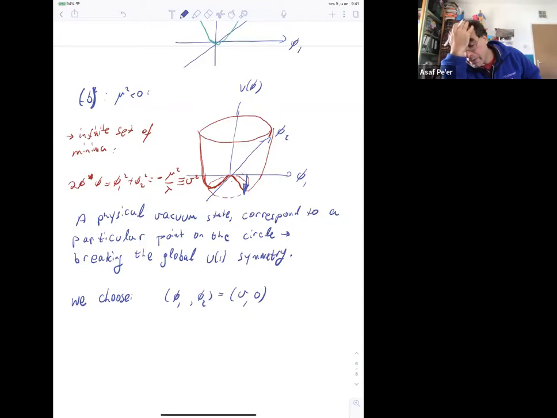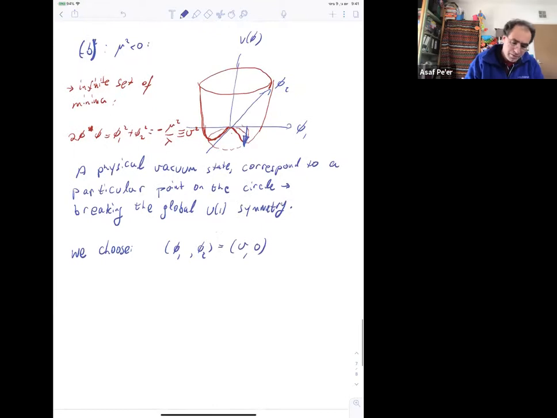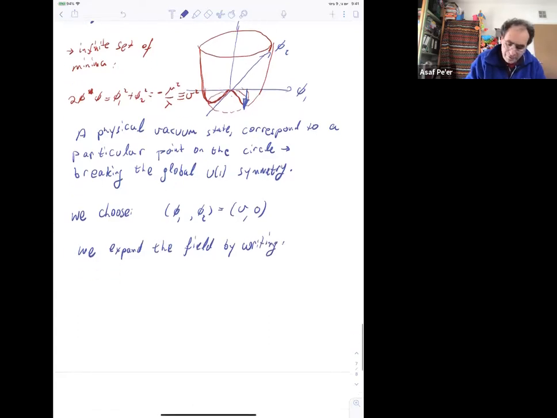And then we do like we did in the previous case of the real field, right? So we expand the field around this vacuum state. By writing phi1 of x is V plus eta of x.